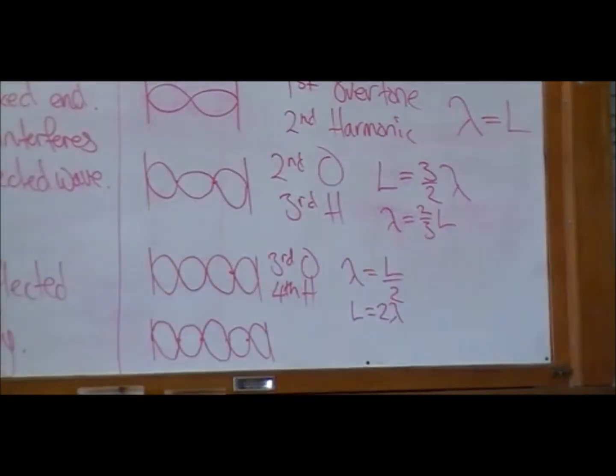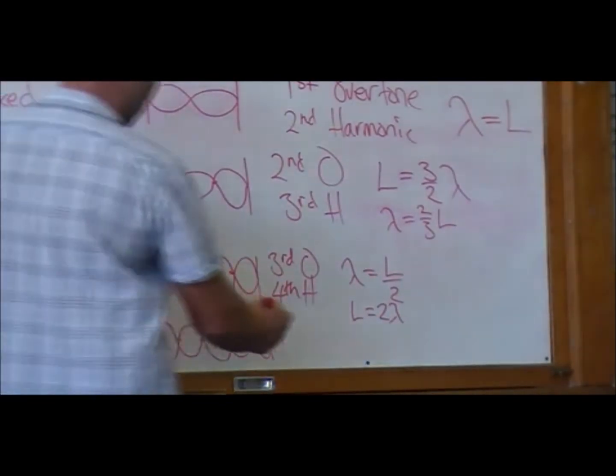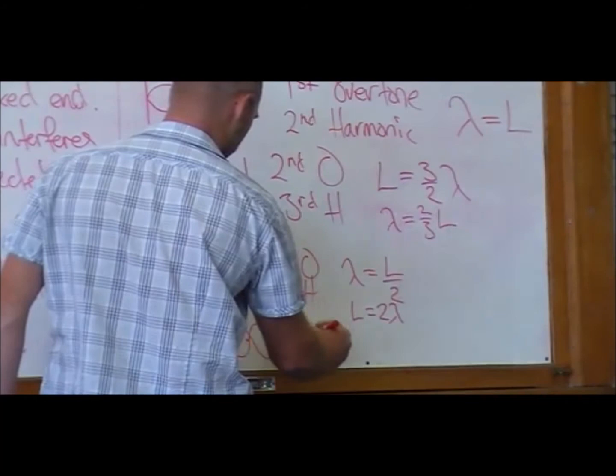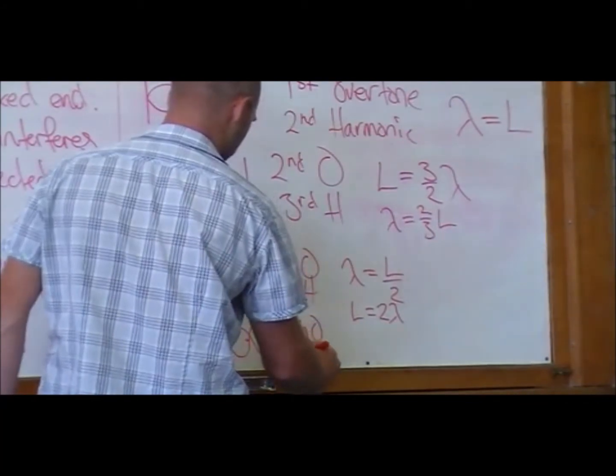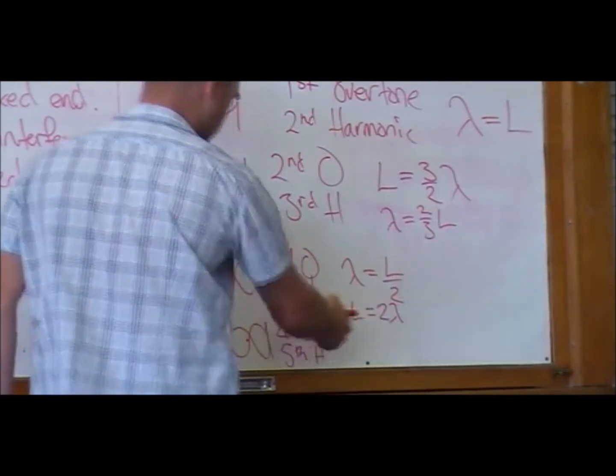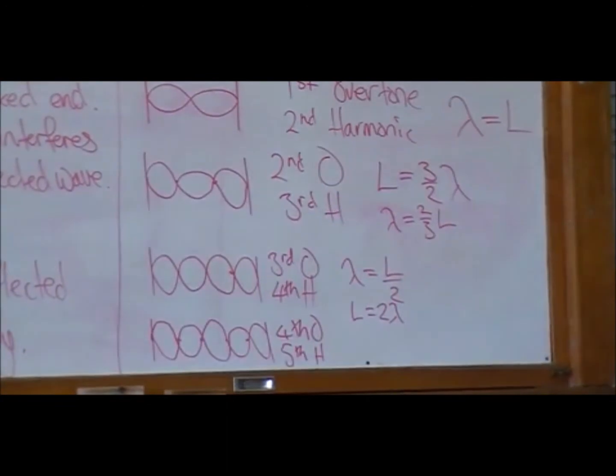And the last one is the fourth overtone, fifth harmonic. Excellent. And how do we compare the wavelength to the string length? It's 2/5 of the string length is the wavelength.